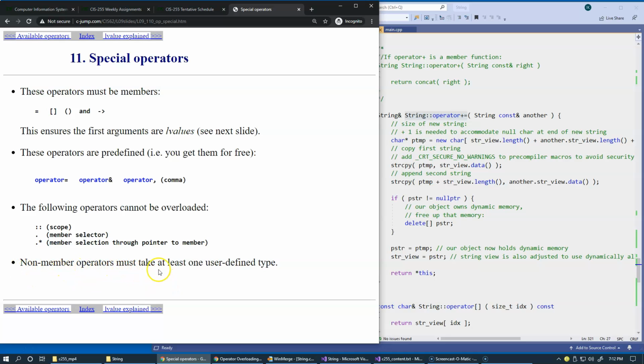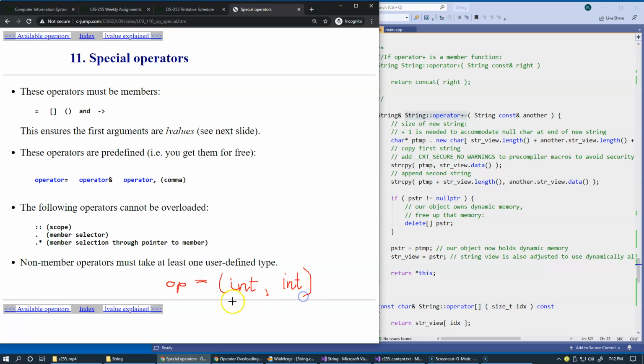Non-member operators must take at least one user-defined type. What it means is that you cannot just overload an operator like this. You cannot just say operator equals and redefine it for two integers, right? So if you say int, int, this is an error.